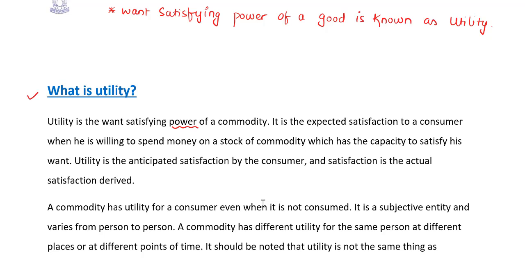It is expected satisfaction to a consumer when he is willing to spend money on a stock of commodity which has the capacity to satisfy his wants. Utility is the anticipated satisfaction by the consumers that they derive from actual consumption of that goods or services.